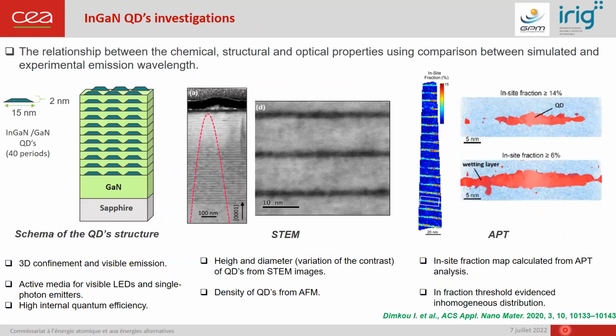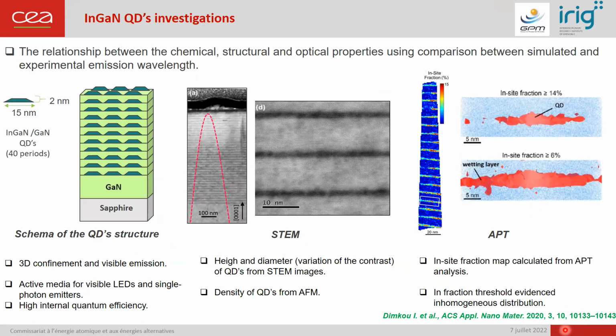So the second example is InGaN quantum dot investigations. Briefly, quantum dots are 3D quantum confinement systems responsible for light emission. And it's possible to tune the emission wavelength by varying their size and their indium fraction.